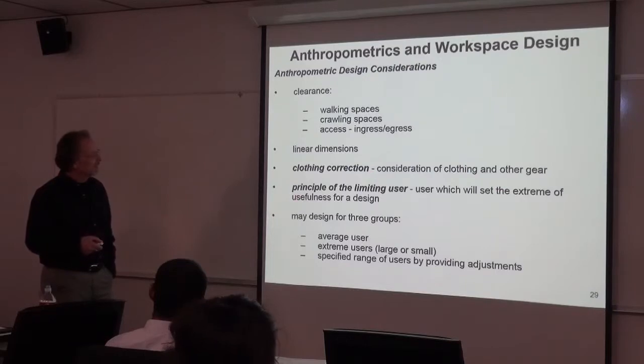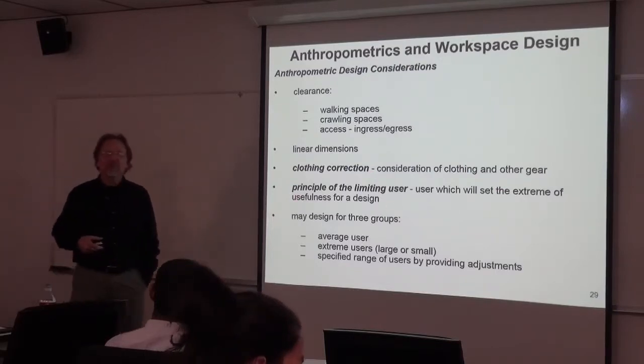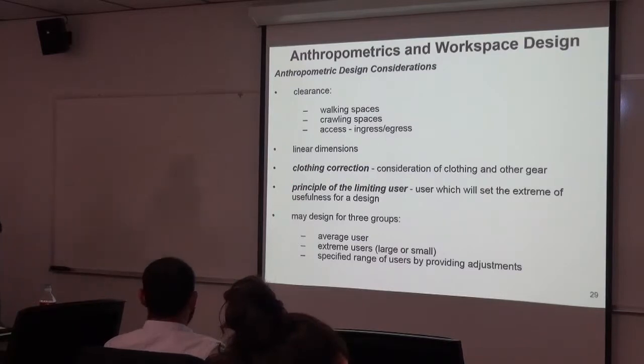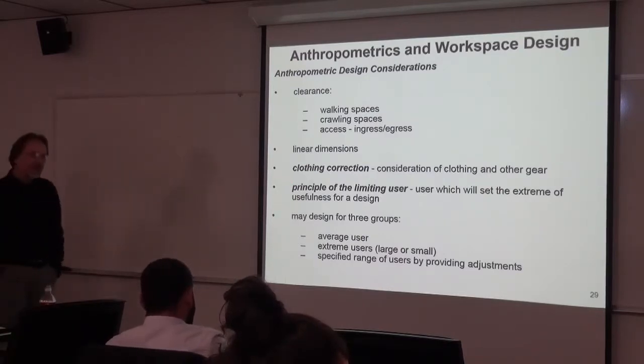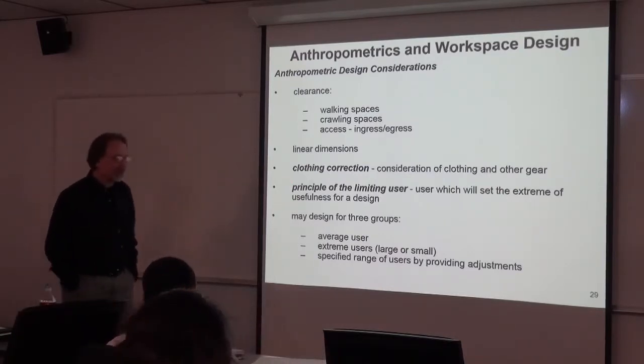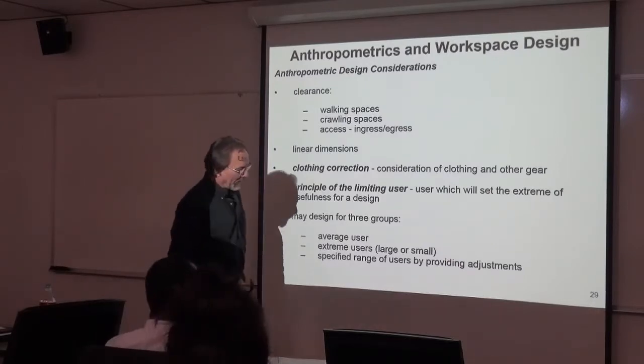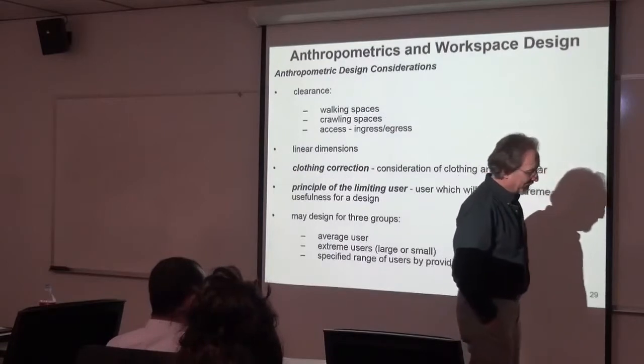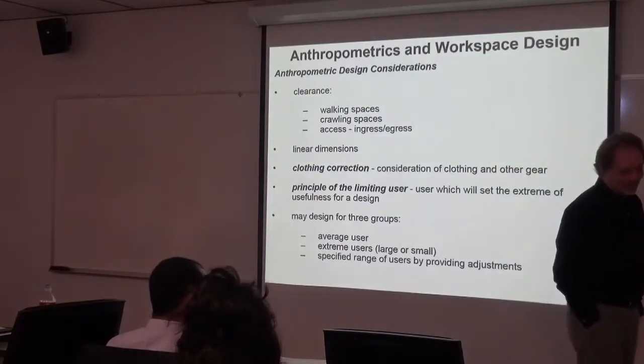The other idea that's important is what's called the principle of the limiting user. Principle of the limiting user means that at one end of your population, there will be a user that is going to limit its functionality for everyone.